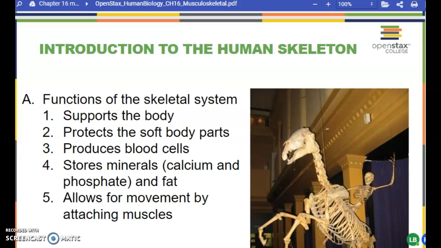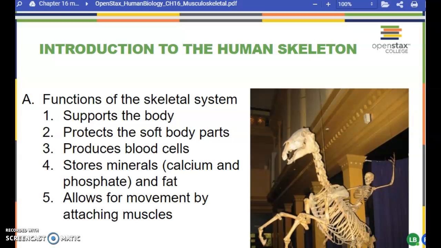So, major functions of the skeletal system: supporting the body, protection. Think of your heart and lungs and everything inside of that rib cage that is protected by the skeletal system. And this is important: your skeletal system is actually responsible for the production of your blood cells.